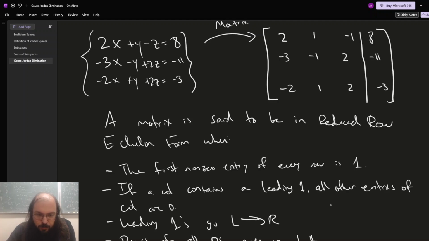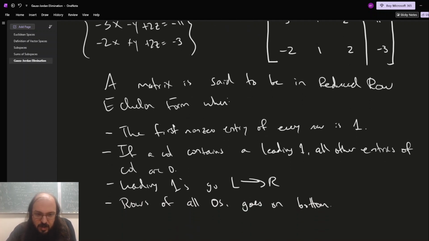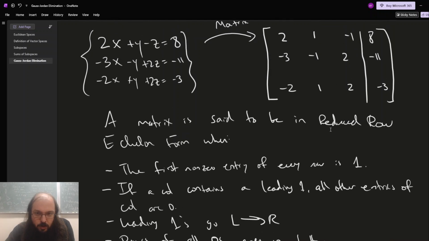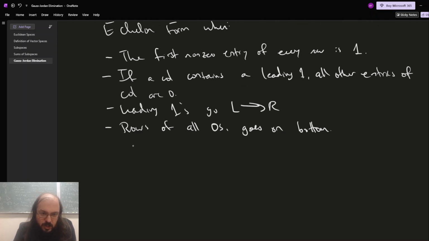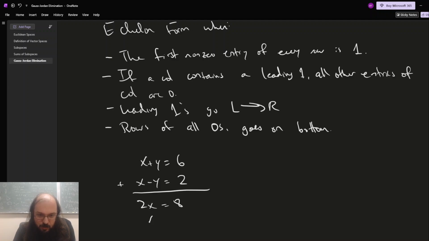Okay, so this definition of a reduced row echelon form is suggestive of how we should go about trying to solve the system of equations. Because let's remember, we teach our students how to solve equations that look like this by saying that you should add these equations together to eliminate something and then solve.